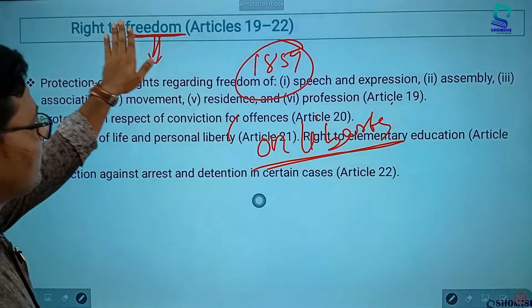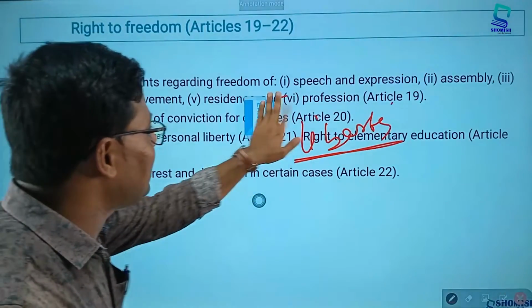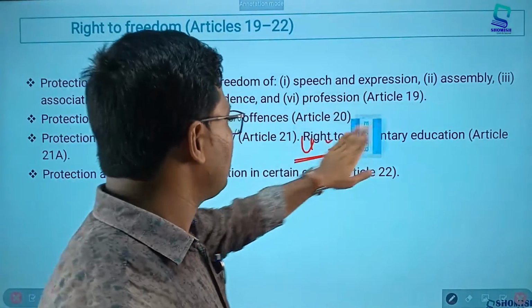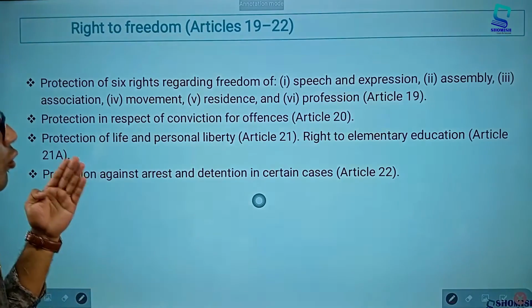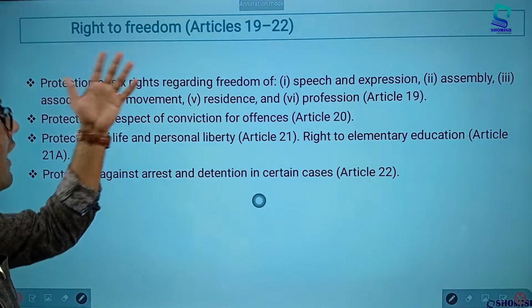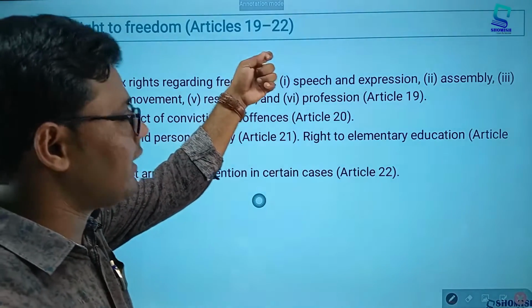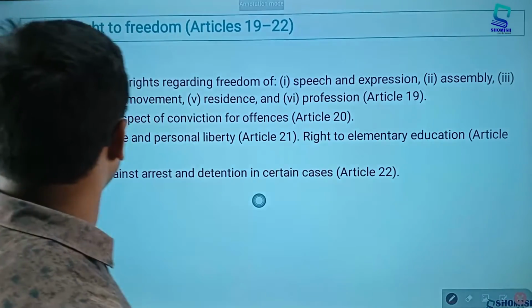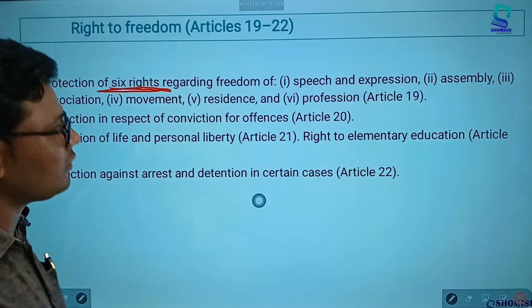So that's why our Indian Constitution was also inspired to enlist one particular article based on the right to freedom. That comes under Articles 19 to 22. Protection of 6 rights, very important.